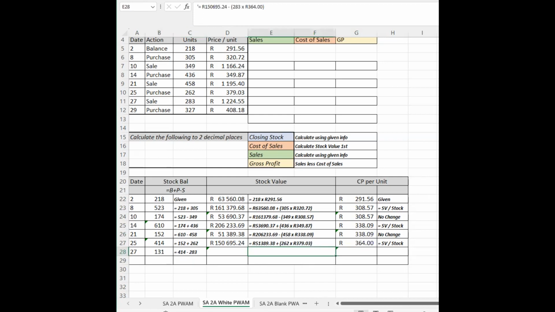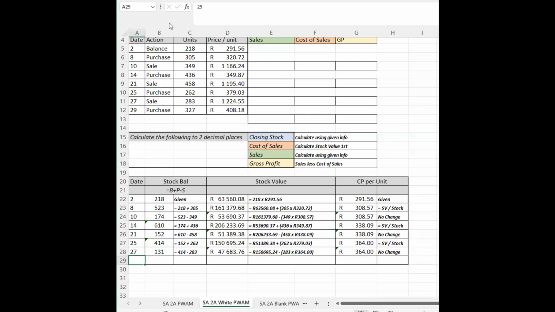We have to calculate the value of that stock by taking the 150 that we had, subtracting the 283 units that we are now selling, and we multiply it at the stock value per unit that we calculated in the previous step, and we get 47,683 and 76 cents. So once again, when there is a sale, the stock value or the cost price per unit does not change.